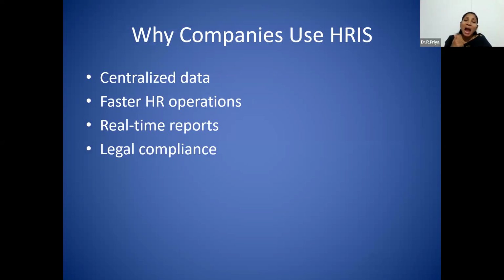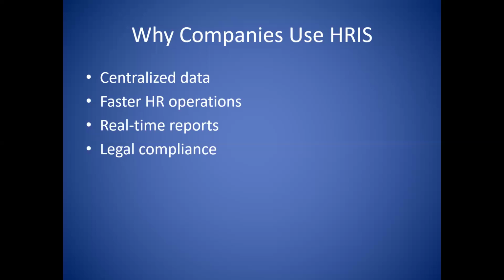You know why almost every company today uses HRIS. There are four main reasons. First one is centralized data. The HRIS stores all employee information in one secure digital place, so HR does not need to search through files, registers, or multiple Excel sheets.